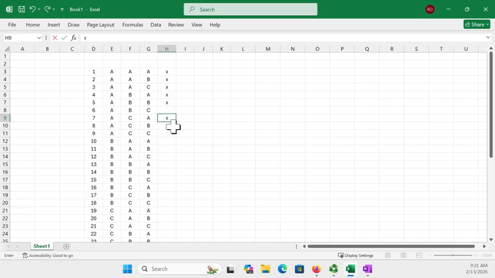ACB, no repeats. ACC. ABA. There's another one, BAC, that doesn't have a repeat. Then BBA, BBB, BBC. All of these have repeats. There's a BCA that doesn't have a repeat.